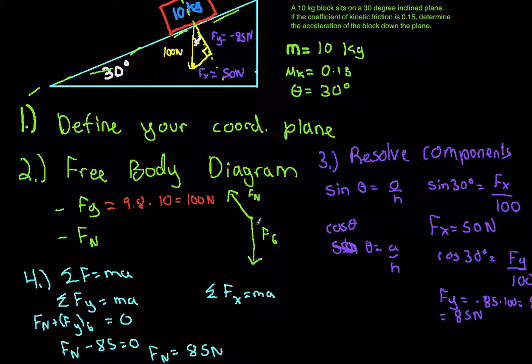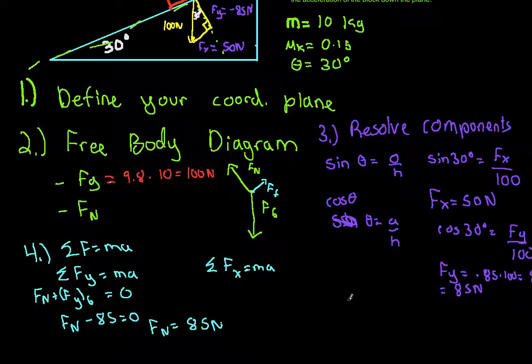Now, in the x direction, we have two forces, and I did forget to put this force here at the very beginning. One force we have is the force of friction. The force of friction always acts opposite the motion. If this box is sliding down the plane, the force of friction would be opposite that, going up the plane. So if our summation of forces in the x direction equals ma, we know that we have two forces acting in the x direction.